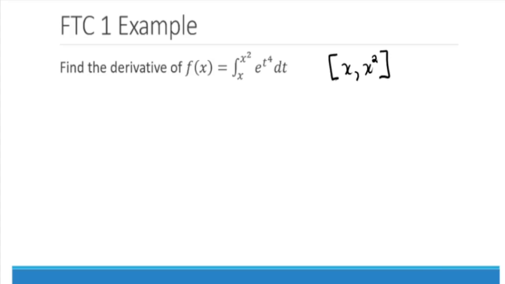Note that we need the lower limit to be a constant. So what we do is we're going to introduce a constant. Let c be in this closed interval x to x squared.